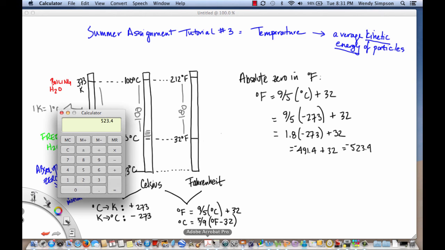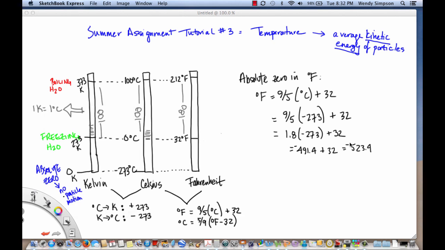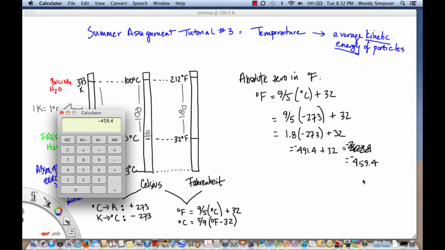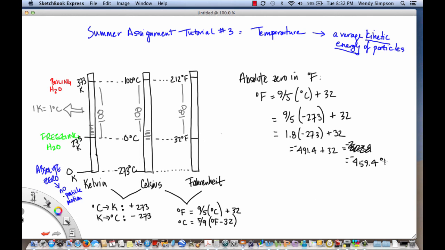Hold on, let's go back and clear that. So I have minus 491.4 plus 32. I should recheck my math. So minus 459.4 degrees Fahrenheit. Yeah, that sounds a little bit better. Sorry about that math error.